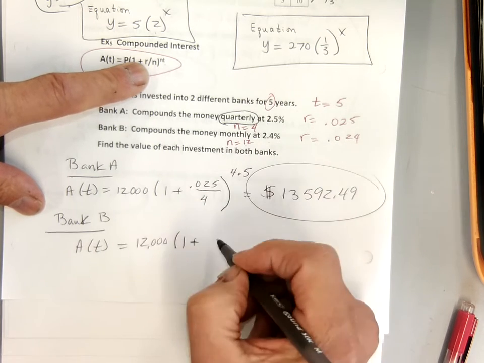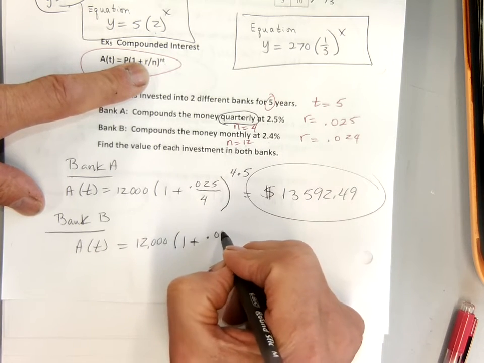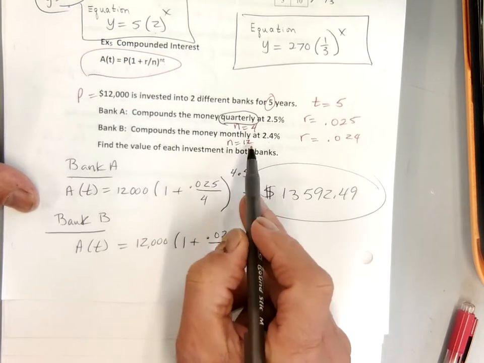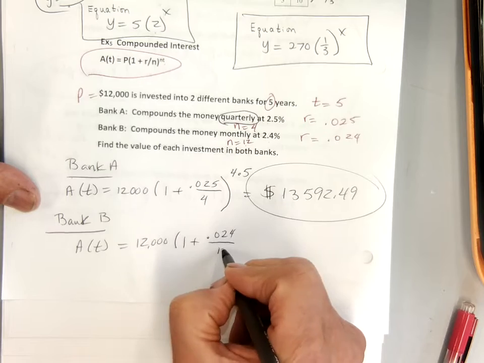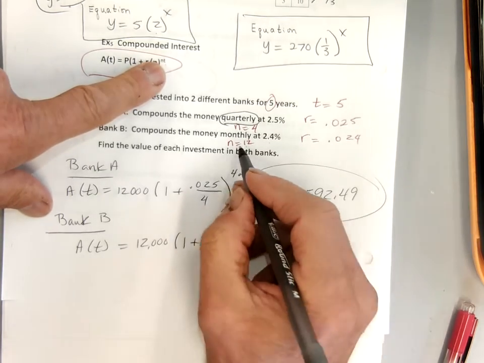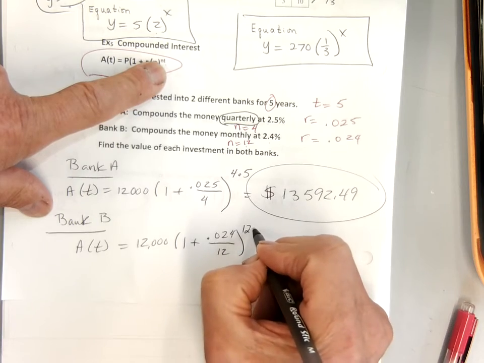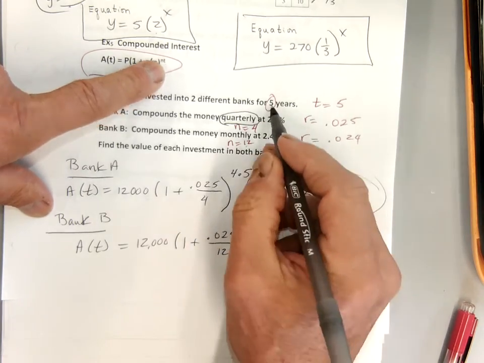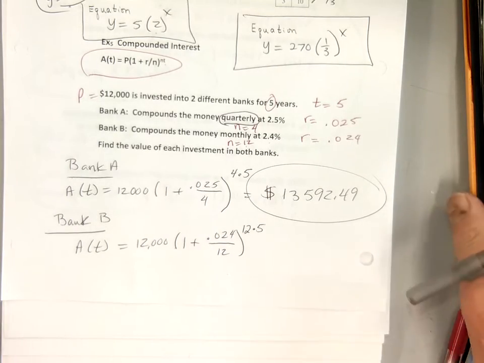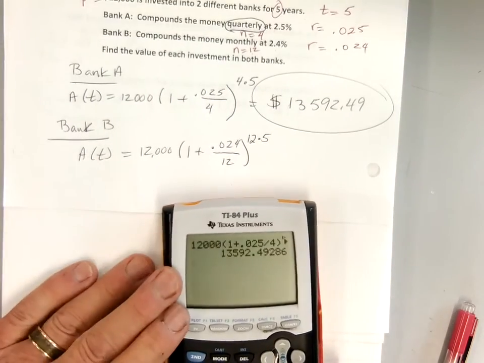I have to change it to a decimal. 0.024 divided by N. Now you're going to do it monthly, so N is 12. To the power of N times T, 12 because it's monthly, the number of times per year, and I'm going to keep it in there for 5 years. So there's my formula.